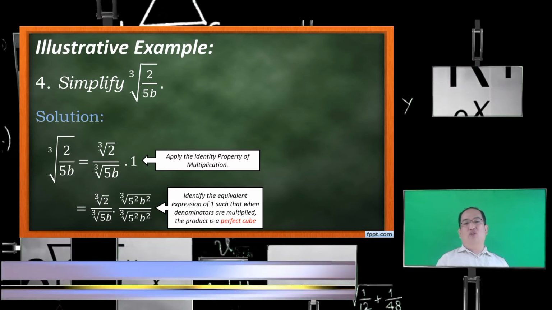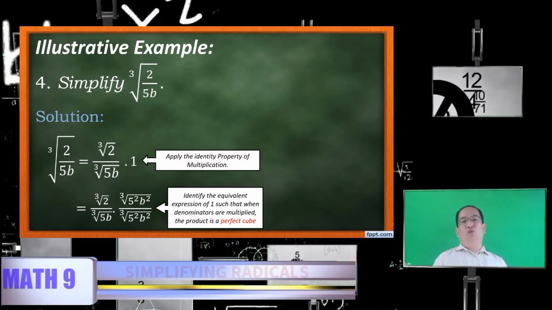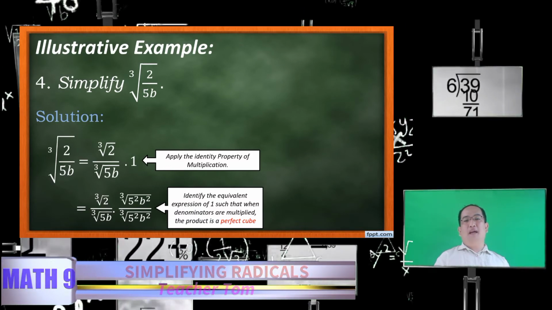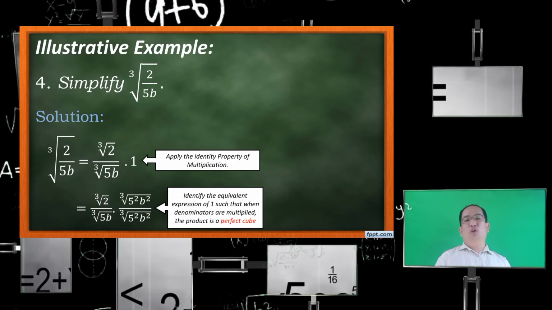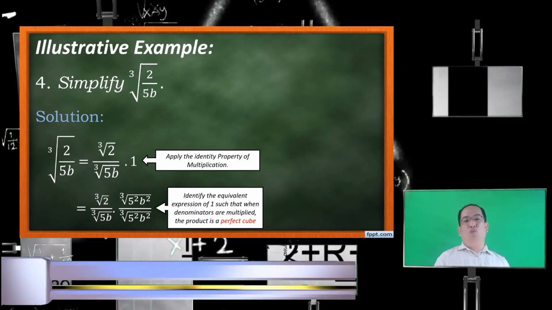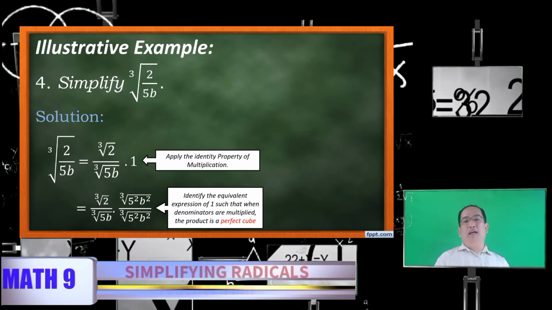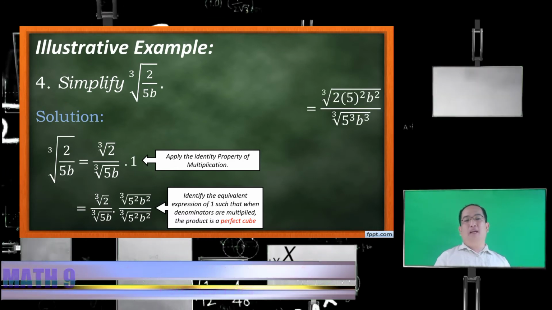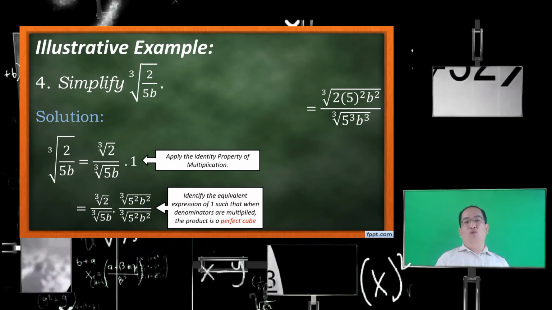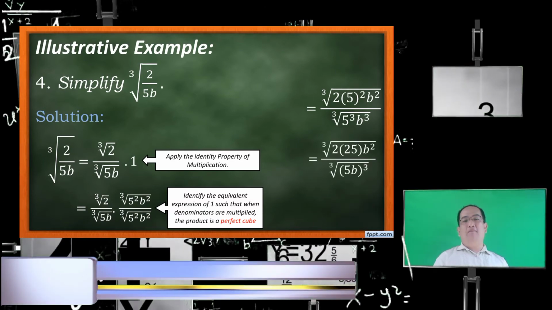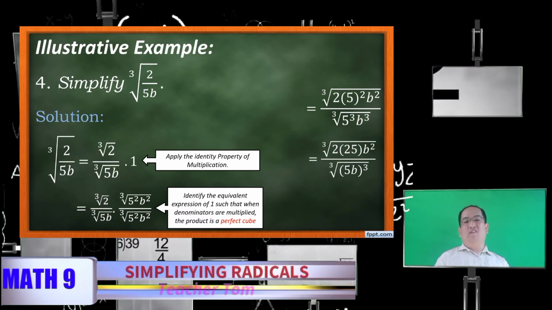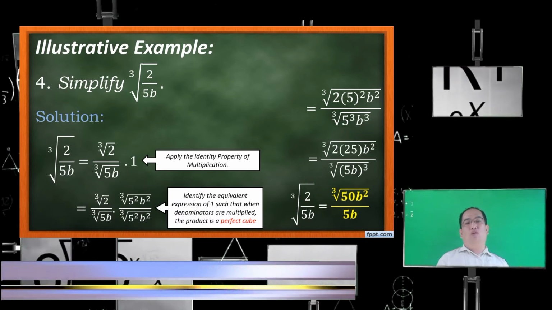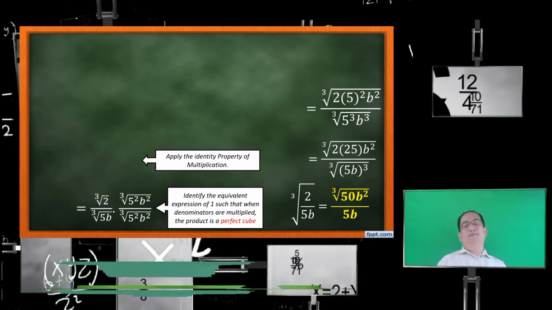So we have the new expression cube root of 2 times the quantity 5 raised to 2 times b squared all over cube root of 5 cubed b cubed. So the new expression will be cube root of 2 times 25 times b squared all over cube root of the quantity 5b raised to 3. Therefore, the simplest form is cube root of 50b squared all over 5b.